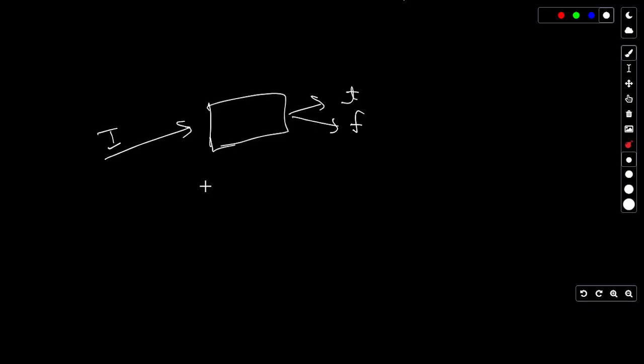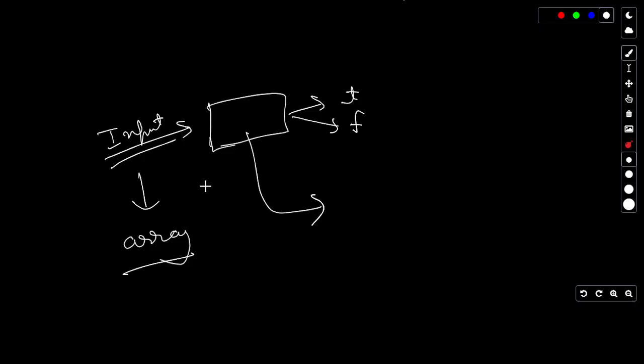We will be given an input, which in this case is an array, and the block of code that we will be writing is provided with an array, and we need to find if it is rotated and sorted, right? So just think about it.